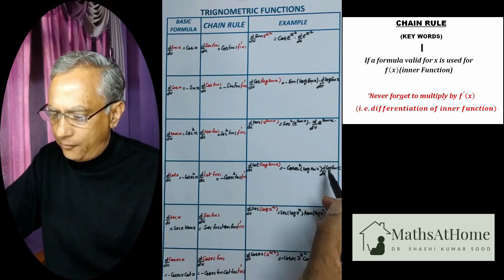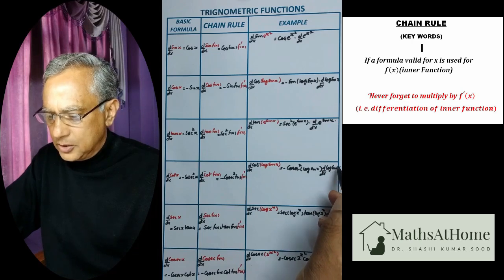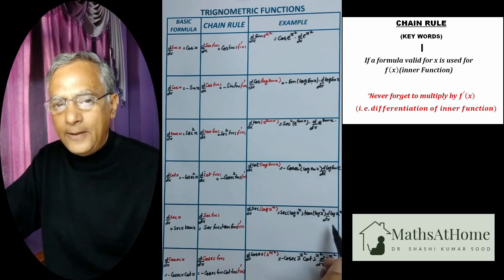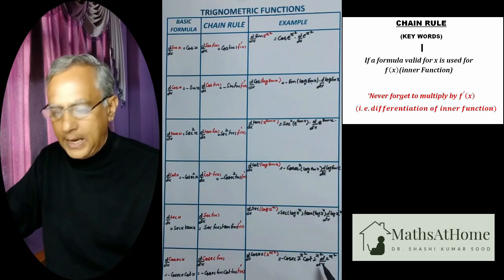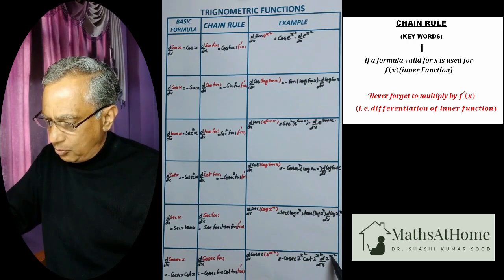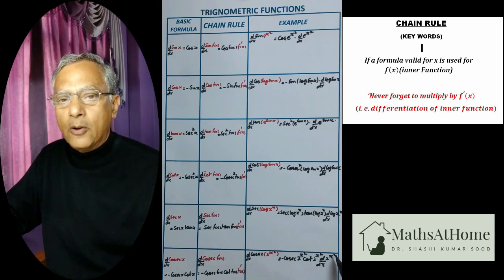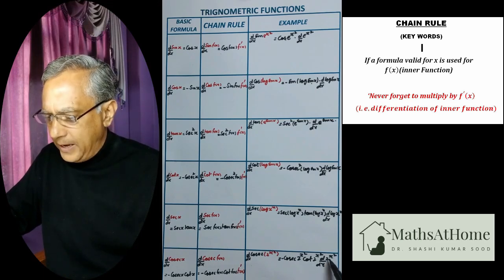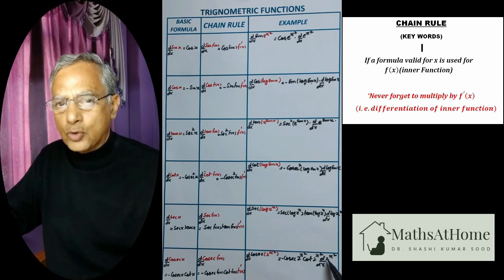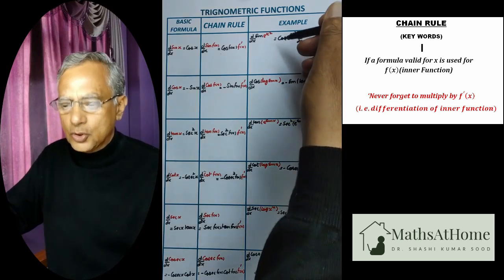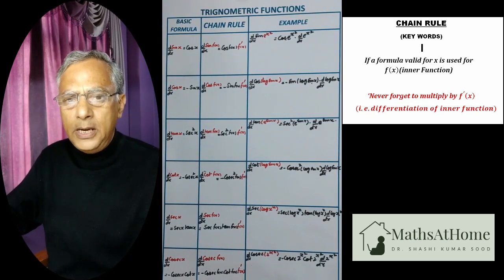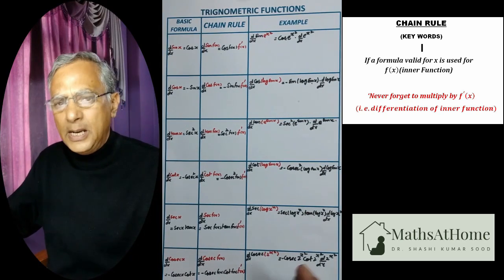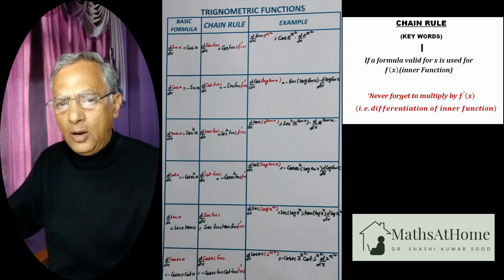Here also instead of x we have fx, and instead of x we have x to the power of n. Here instead of 2 to the power of x we have 2 to the power of x square, and a to the power of x square. So again we will have to multiply by chain rule. In all these illustrations chain rule will be used twice, and similarly you can use it 3 or 4 times.